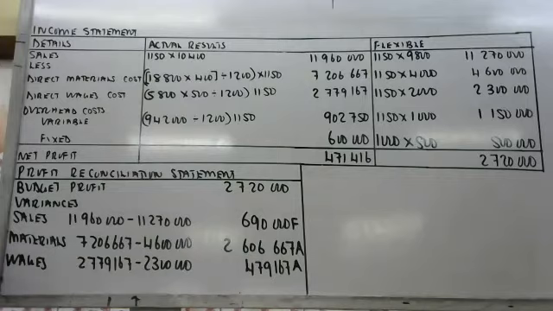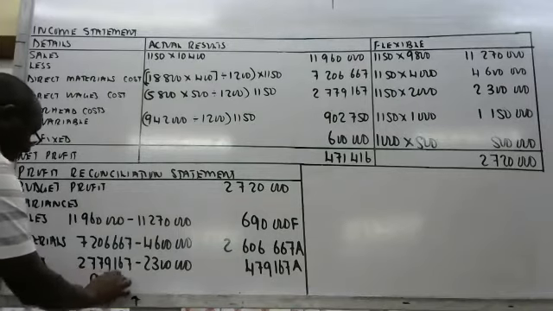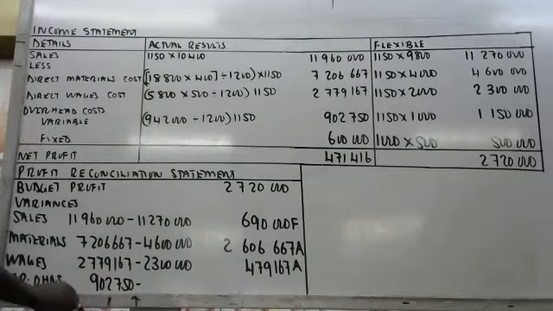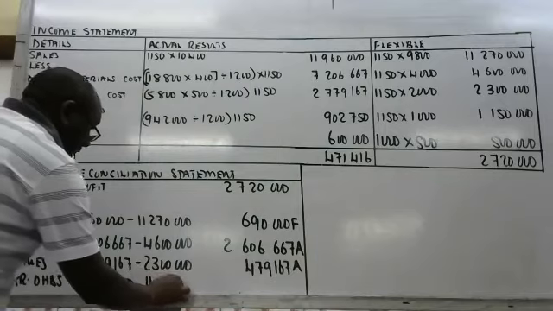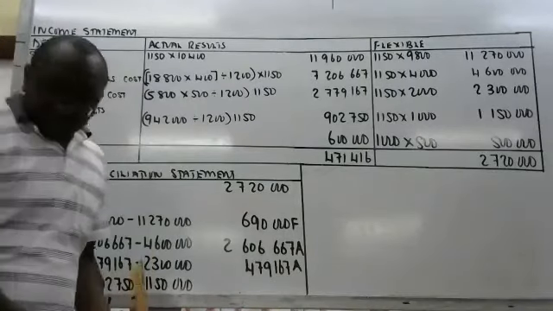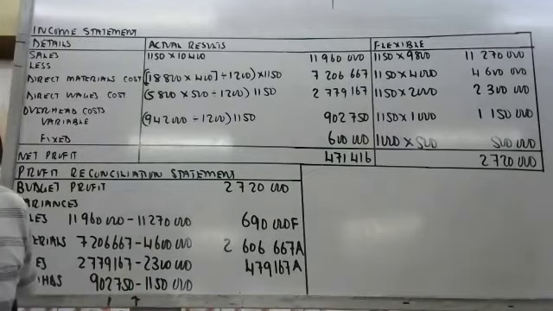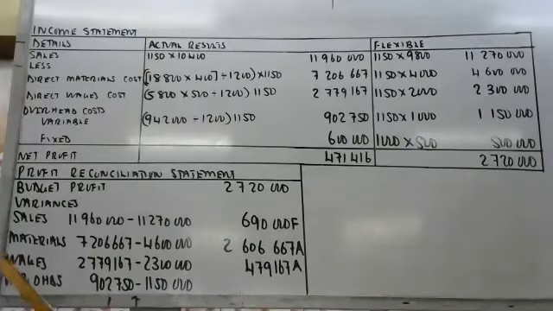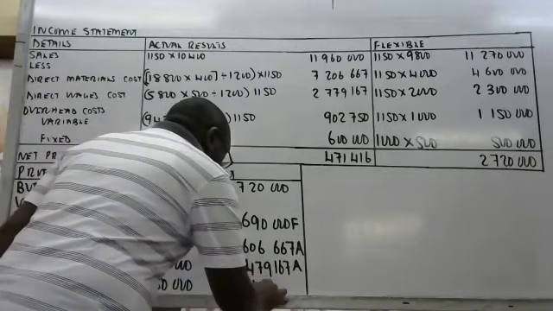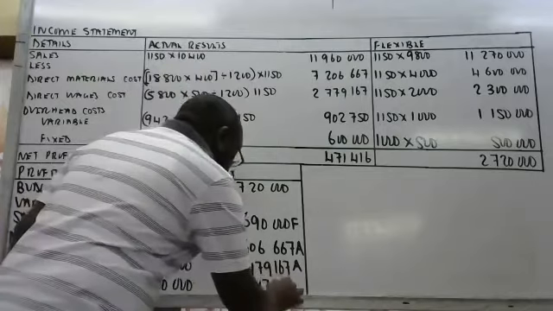Then let's go to variable overheads. Variable overheads are 902,750 against 1,150,000. The difference is 247,250.